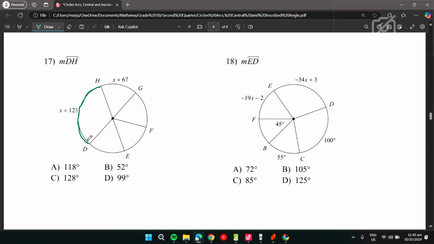Alright, according to Carl, that's letter A, 118 degrees. Carl, let me ask you this. Ano yung method mo? Ano yung approach mo? Ano yung concept that you considered so that you will get 118 as your answer? What's the concept behind it?